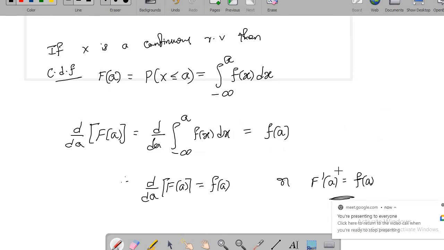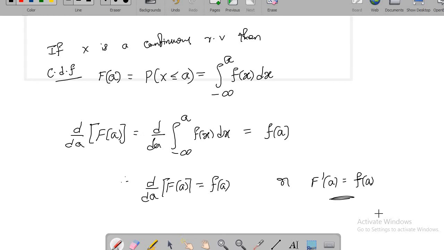So I hope it is clear to you, and let me know if you have any questions or doubts. In the next class we'll talk about mathematical expectation. It means when you perform a random experiment, you are defining a random variable, so what is the expected value of the random variable?